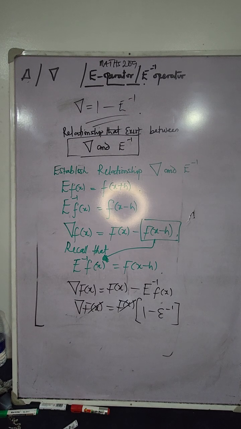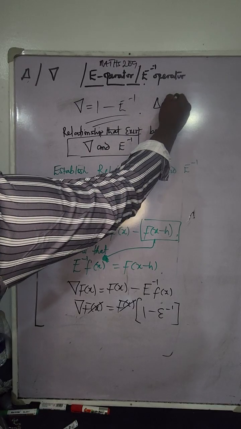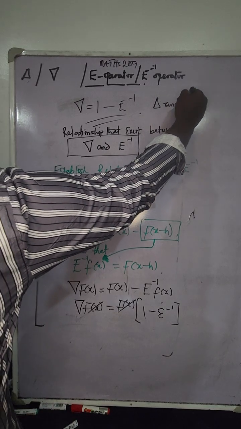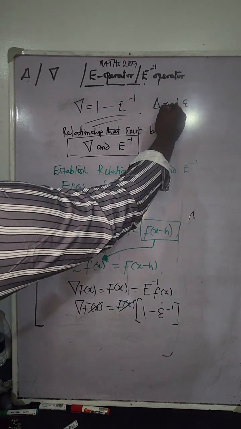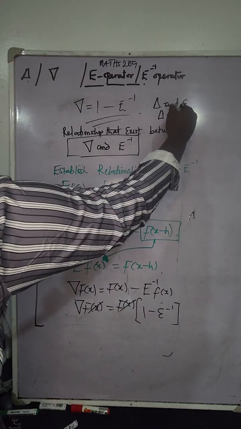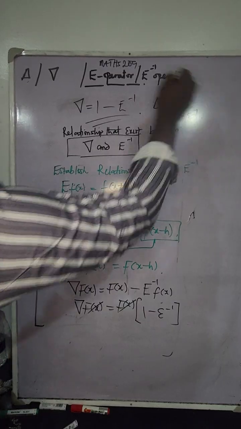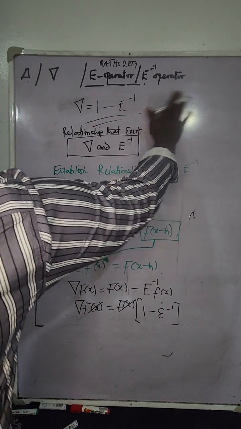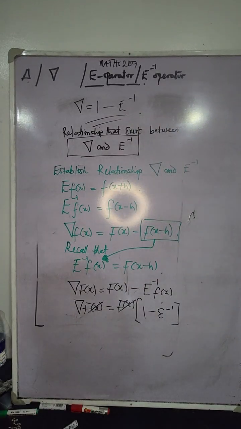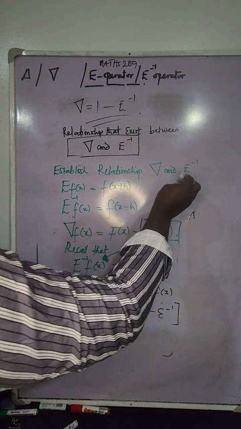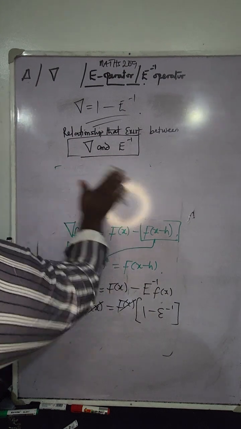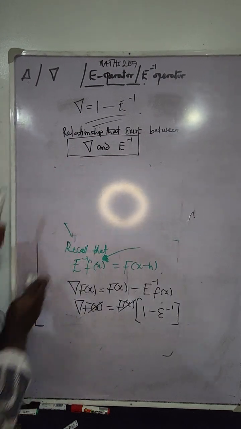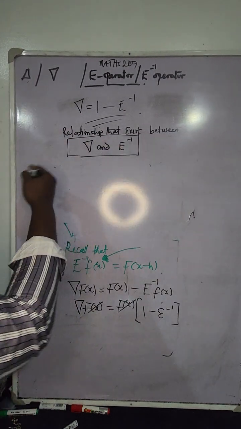Alright, so we've been able to establish the relationship between the forward difference operator and the E operator. Let's repeat the forward difference operator again.